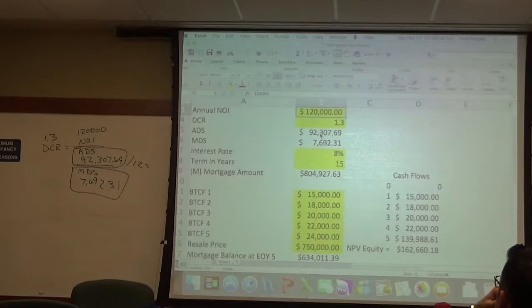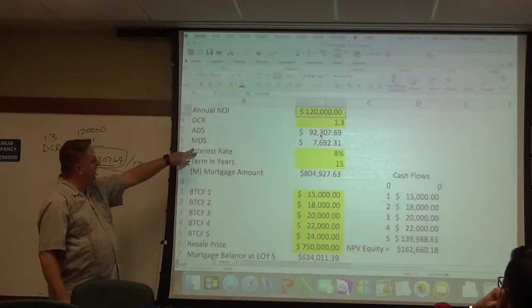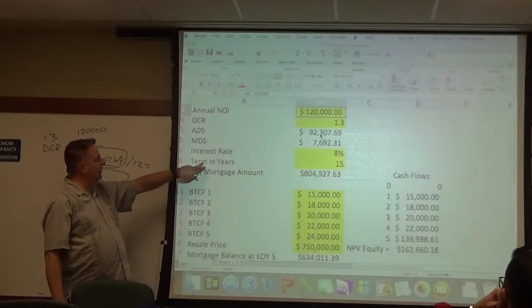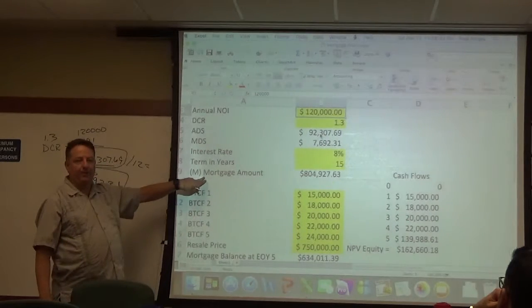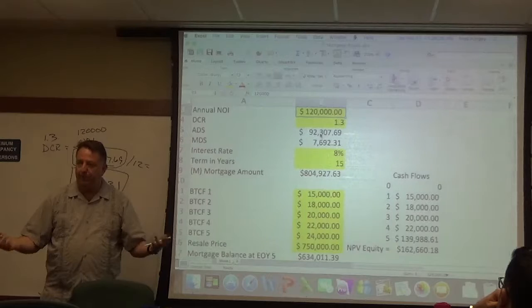once you've got the monthly debt service, then you're going to use the interest rate and the term of the loan to calculate your mortgage balance, or present value, okay?